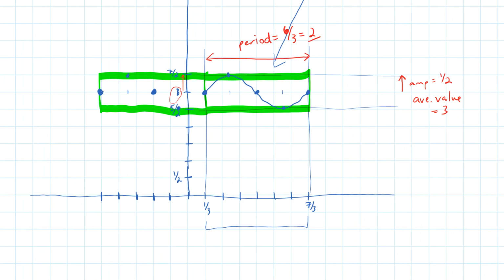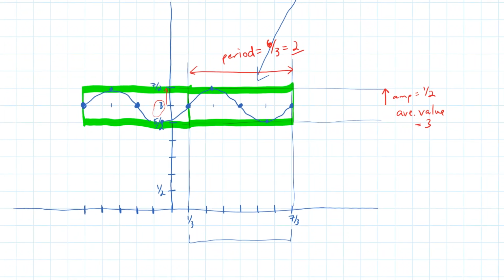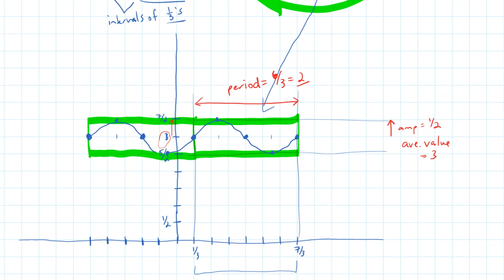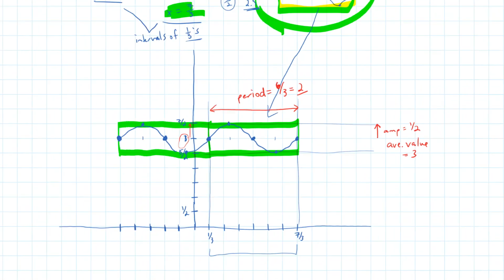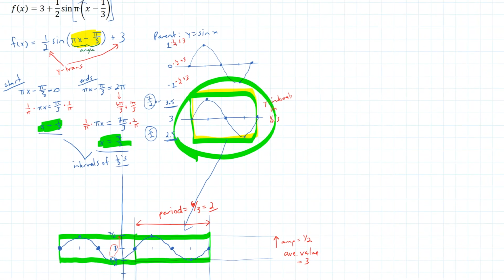And then I just repeat the same shape. I'm kind of trying not to cross through my numbers there. Now that's exactly 2 cycles of this function. I could have done the same thing with 6 intervals to the right if I wanted to. And I should be able to graph as many cycles as I'm told. But there are 2 complete cycles of this sine function.